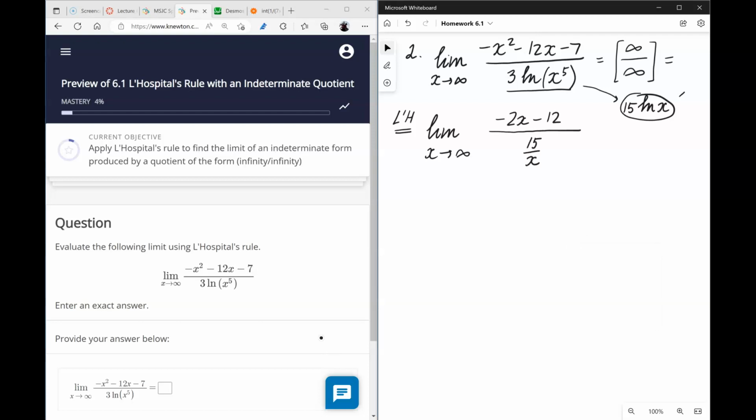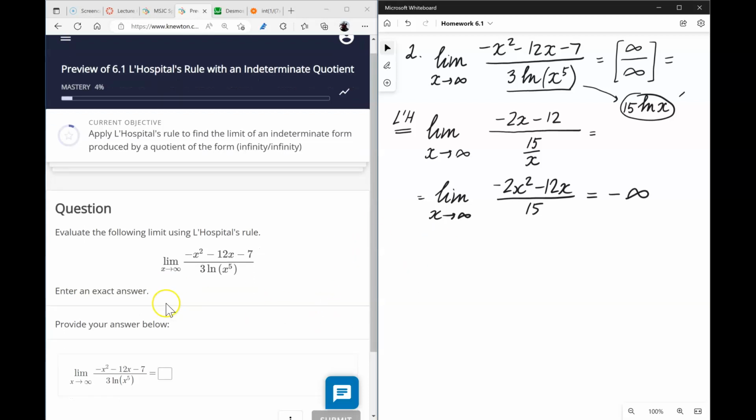And now we can simplify this, but at this point it becomes clear that we don't have infinity over infinity anymore. We have negative 2x squared minus 12x divided by 15. And as x goes to infinity, this whole thing goes to negative infinity.